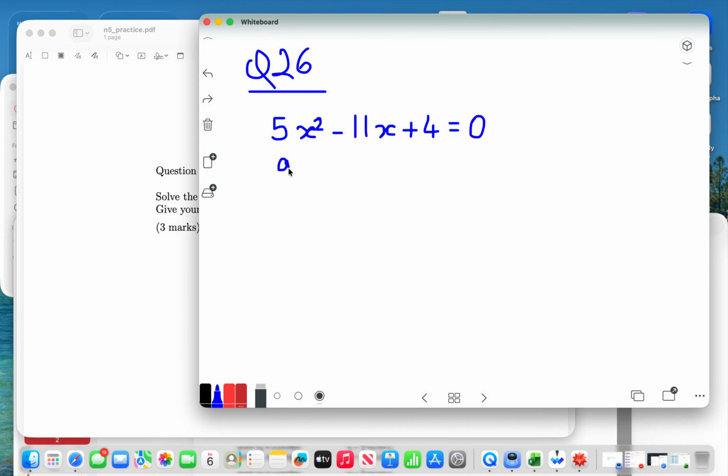And ax squared plus bx plus c equals 0. A is 5, B is minus 11, and C is 4.